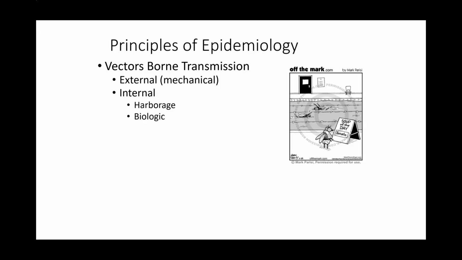You can also have internal transmission. That would be where the bacteria go inside, and I'm using bacteria, I should say the pathogen, because it's not always bacteria. The pathogen moves inside of the host and either just takes a ride, or actually enters the host, the actual host for the pathogen, and starts replicating.